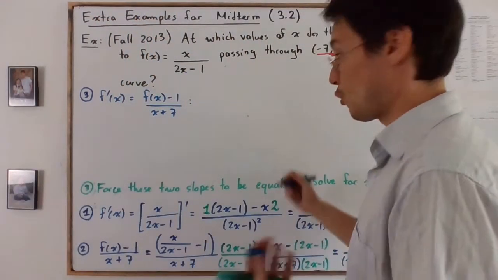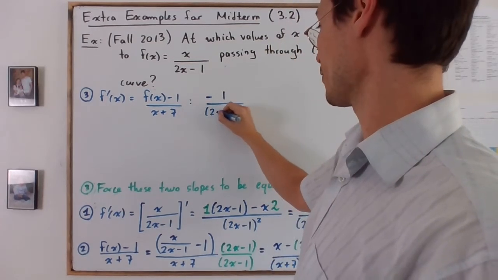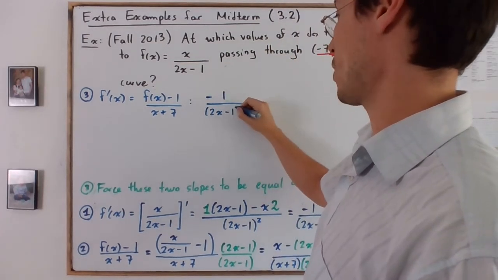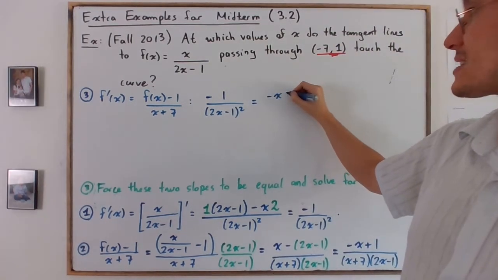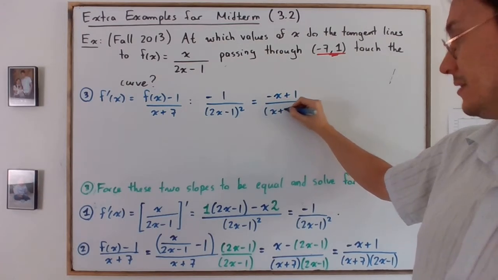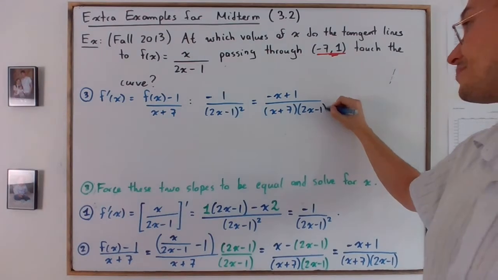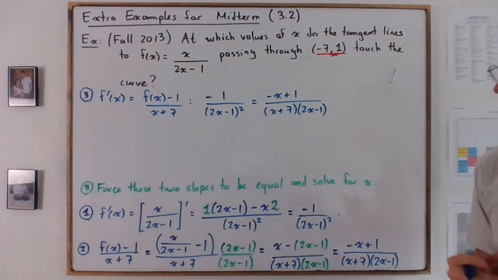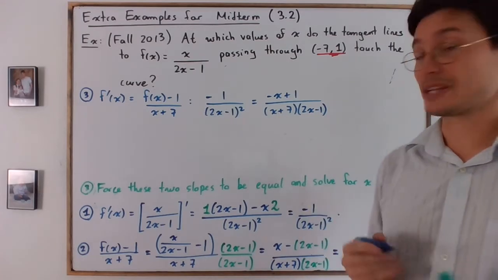So literally we take the two expressions we found, so negative 1 over 2x minus 1 squared. That has to be equal to negative x plus 1 over this big fraction. So x plus 7, 2x minus 1. Okay. From there, we are solving this equation.